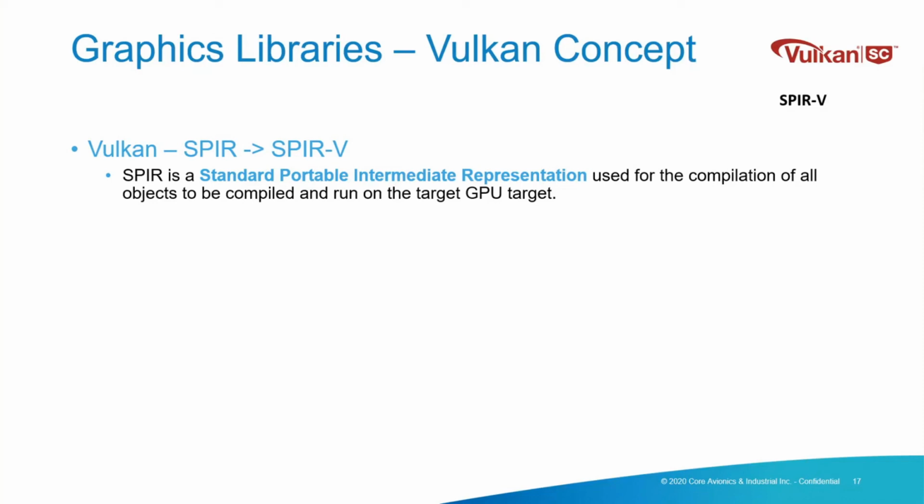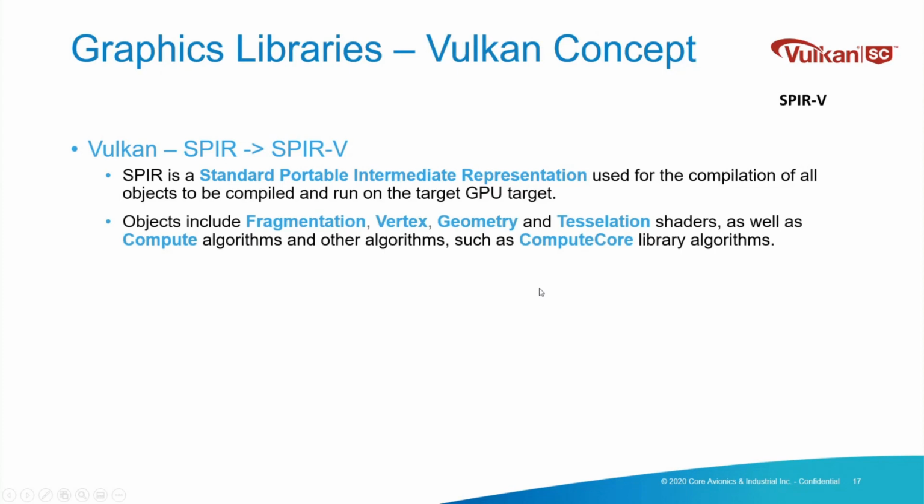It's the same concept: all the targets are cross-compiled for the GPU because there are different types of objects. These are then encapsulated using the standard portable intermediate representation. It could be a shader, a compute algorithm, or a special compute shader that affects the graphics display output.